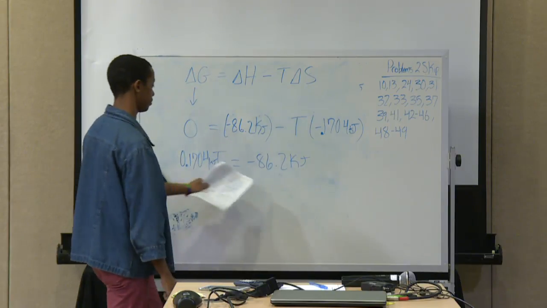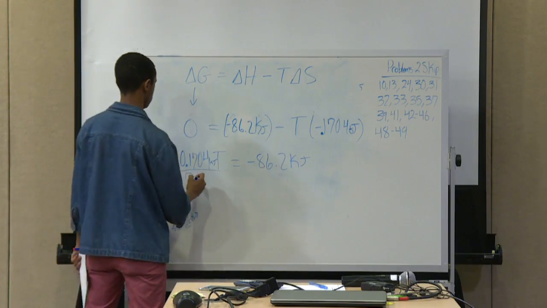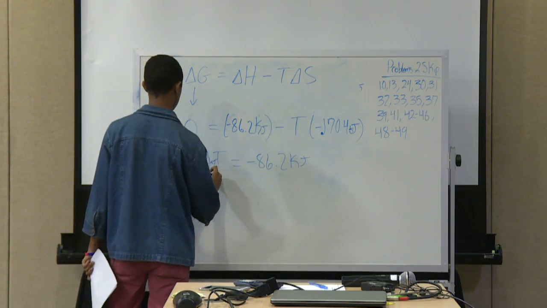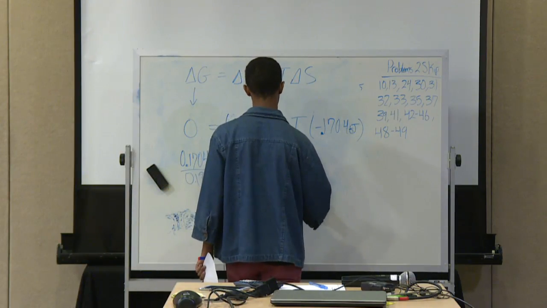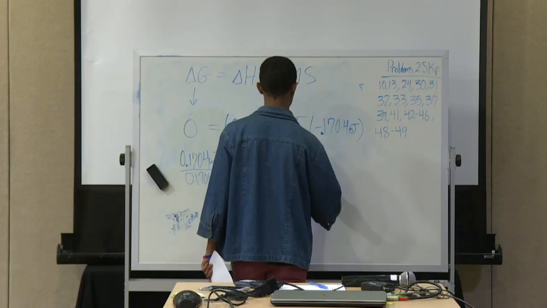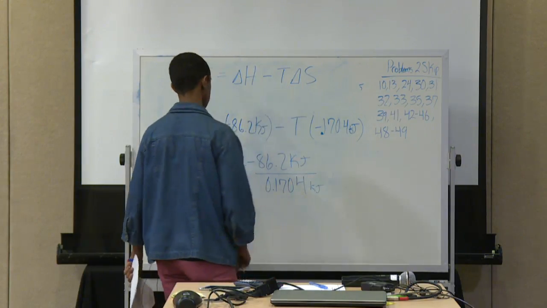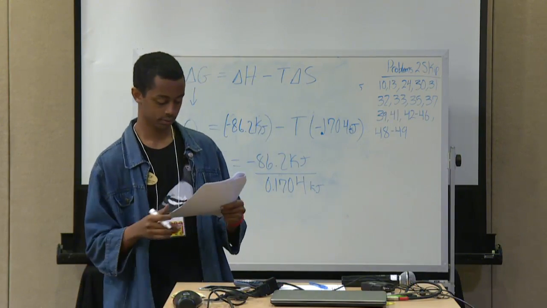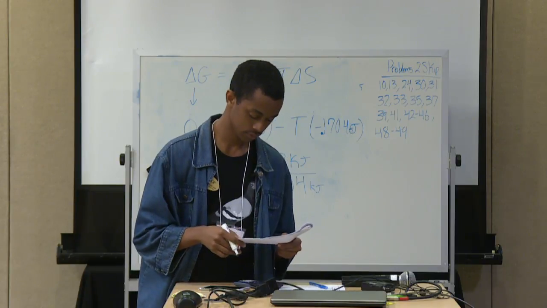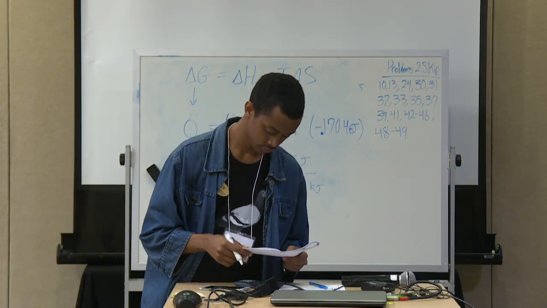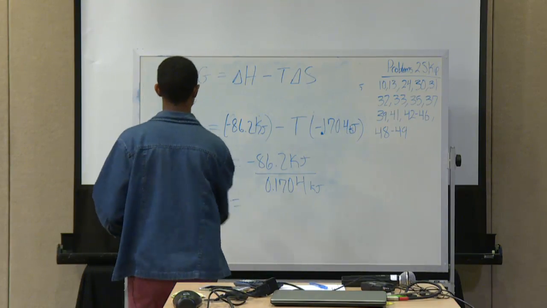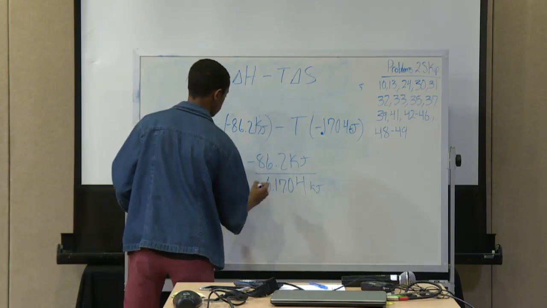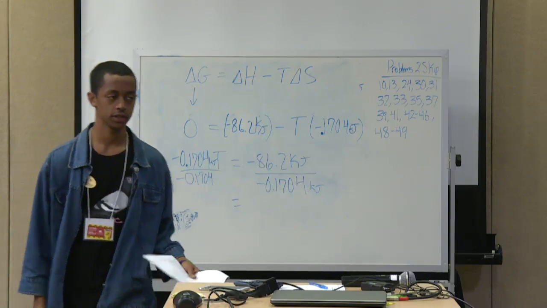So now I can divide both sides by this. What does that temperature end up equaling? Oh, that's supposed to be negative, my bad. Forgot the negative on that side.